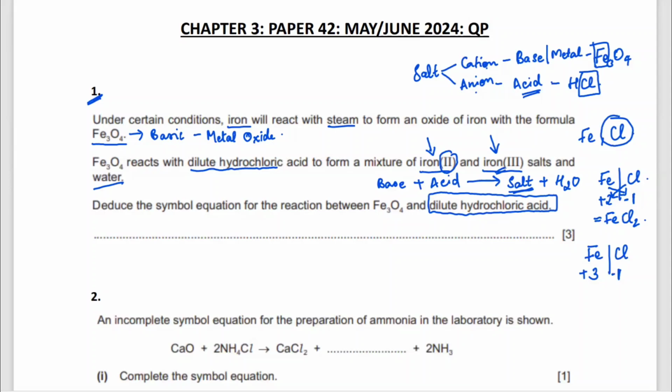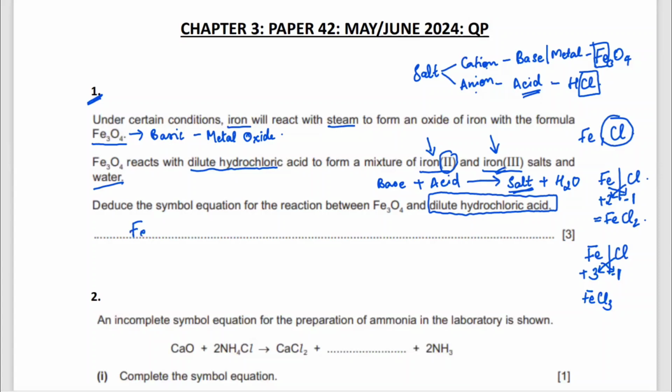Chlorine is not a transition metal and belongs to group 7, so it has a fixed oxidation state, which is -1. So the formula will again be found by crisscrossing. It becomes Fe1, which we don't have to mention explicitly. So FeCl3 will be the formula of the second salt.